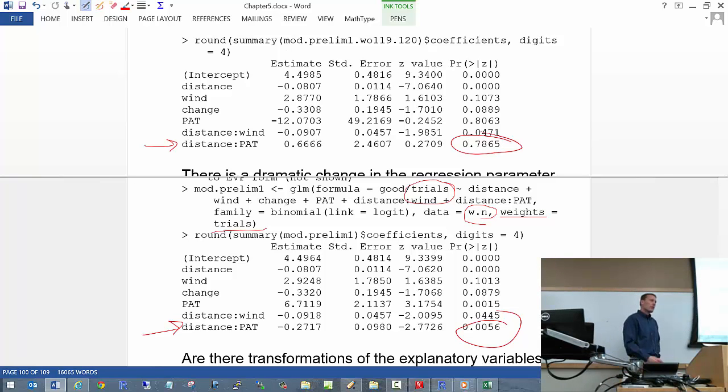So these two observations are controlling whether or not, essentially, I should have interaction in my model. That's why, indeed, they are truly influential to the model's fit. Typically, you would not like one or two observations dictating that much about your model.